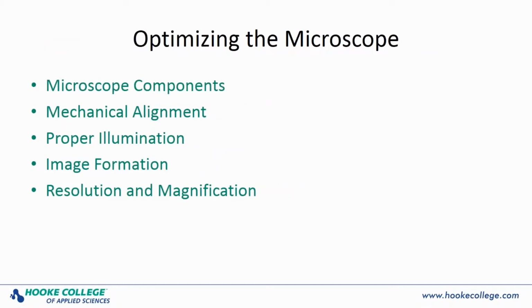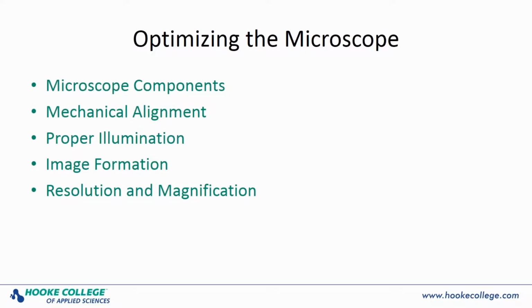Before examining a sample, it's important to optimize the microscope with respect to illumination. The various components of the microscope must be aligned mechanically and optically. Each objective must be centered with respect to the rotating stage, and a technique referred to as Köhler illumination is used to adjust the lenses and apertures so that the image-forming rays and the illuminating rays are focused properly.